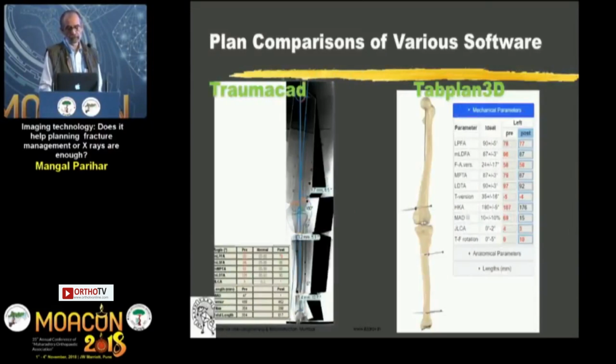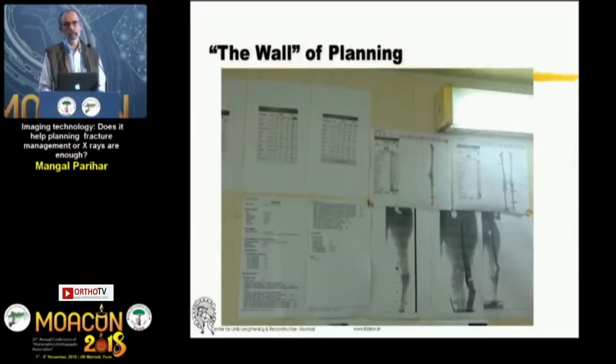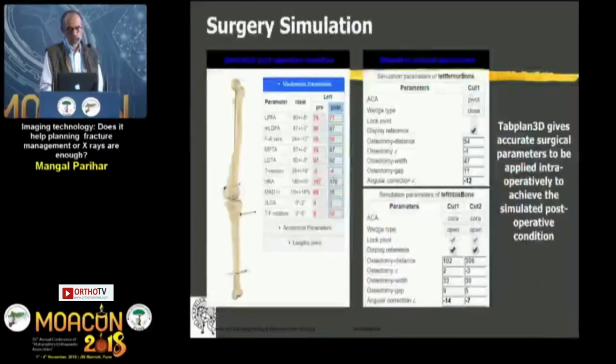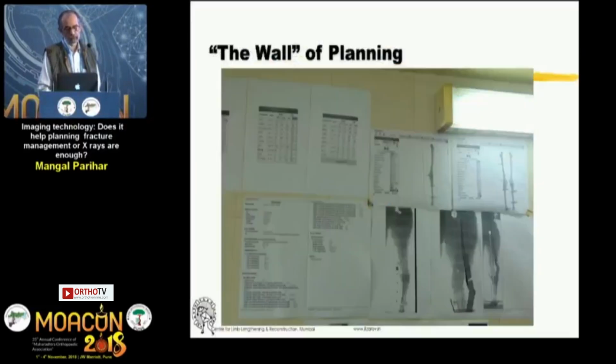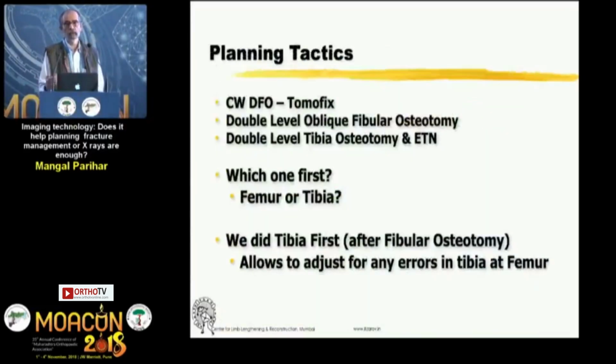So we take these numbers, and normally when I'm operating, all of these numbers are available on the wall in terms of where we need to do the osteotomy, how much of an angle needs to be corrected, etc. So once I know what I need to do, and I know from this that once I correct it at these numbers, I'm going to get a HKA which is in slight valgus, then we just carry out that plan.